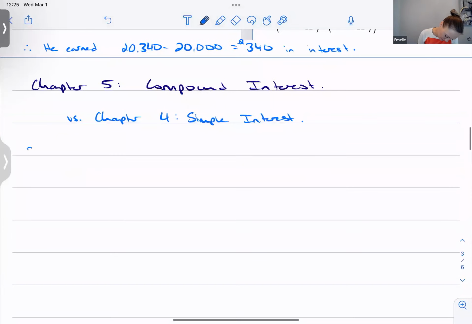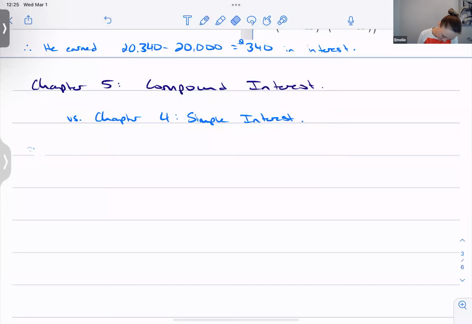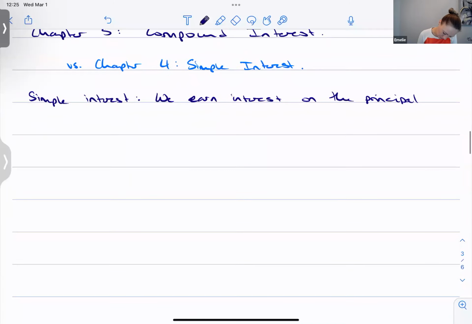Okay, so just to clarify. Simple interest: we earn interest on the principal amount only.